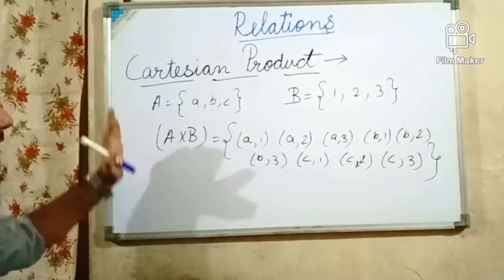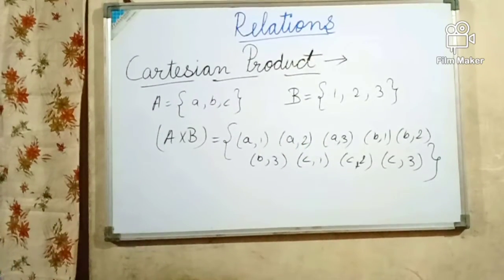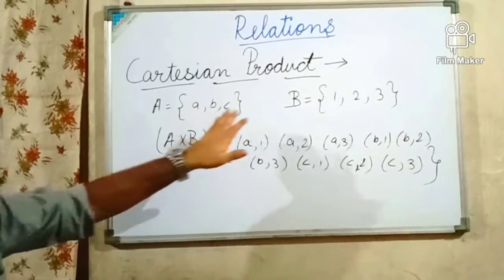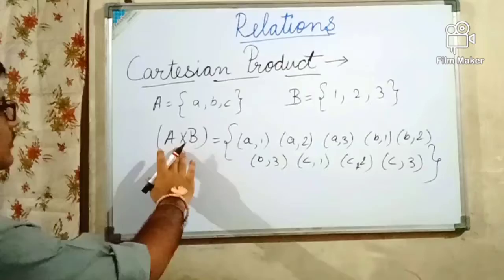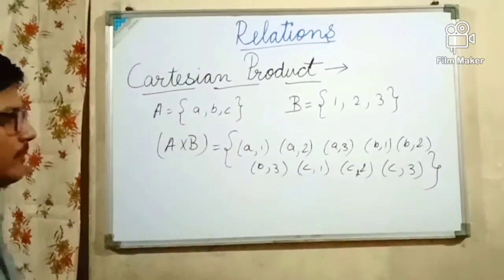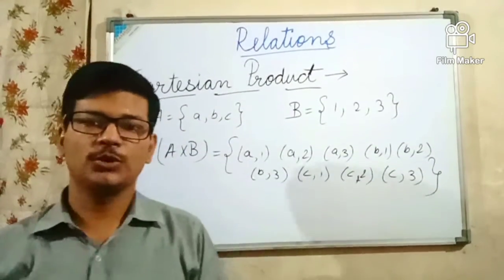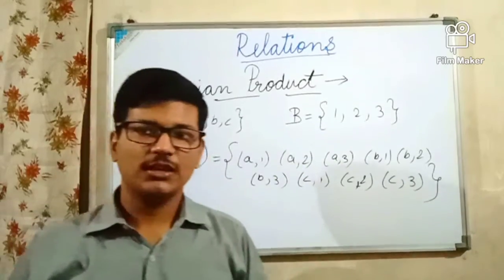This is known as the Cartesian product. If A and B are two non-empty sets, then the set of the ordered pairs of each element of A and B is known as the Cartesian product.